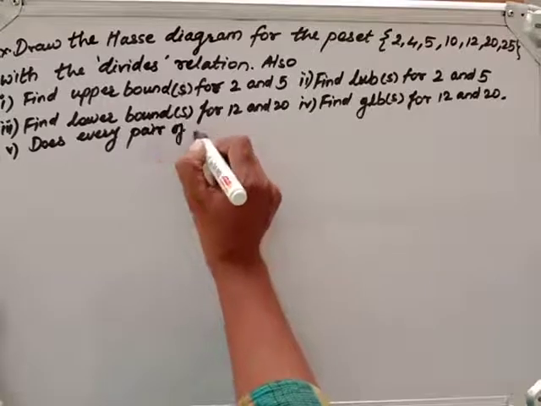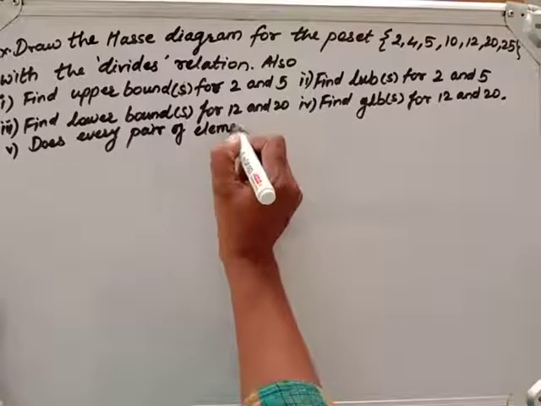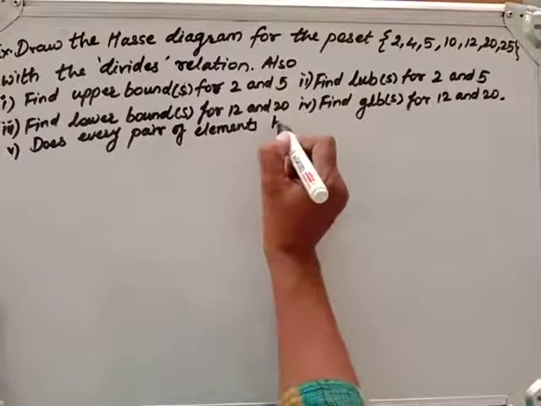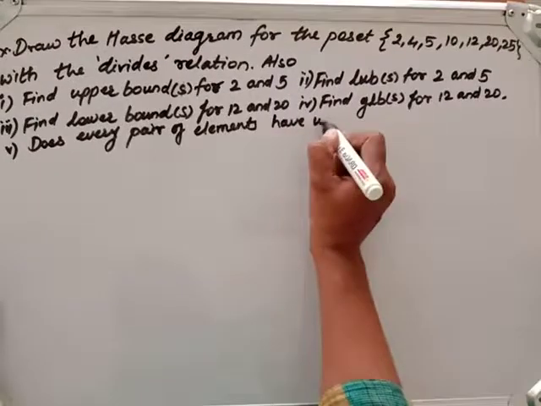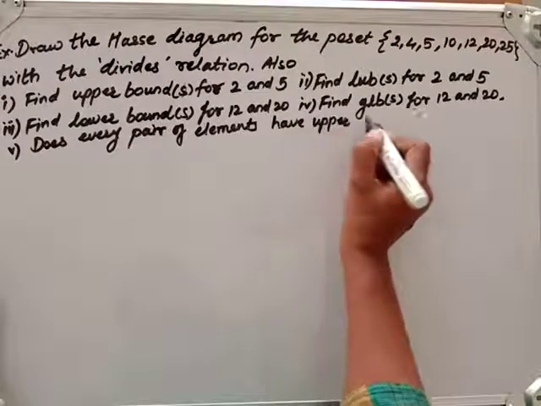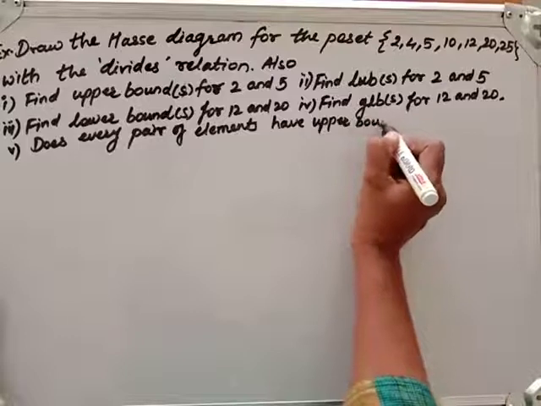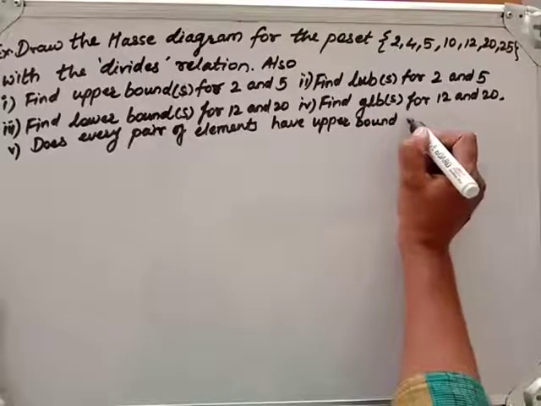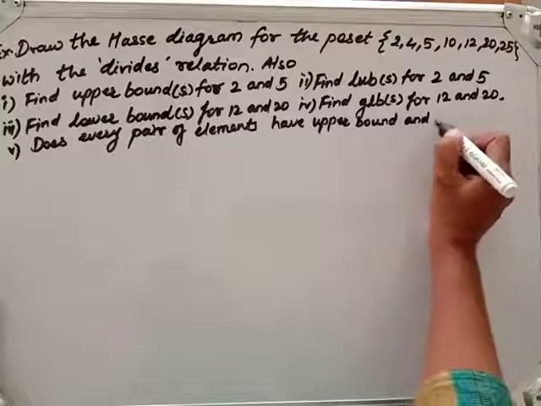Does every pair of elements have an upper bound and lower bound?